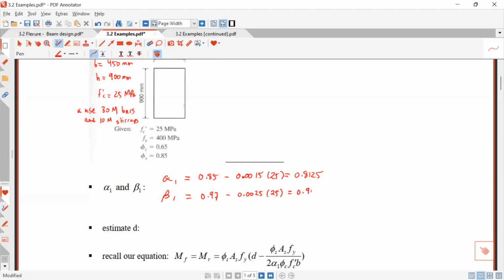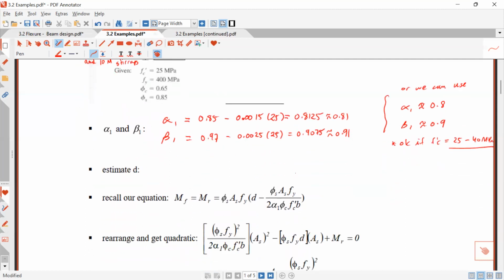It gives me 0.9075. So this is approximately 0.81 and this is approximately 0.91. If you want, you could continue with this, or we can use alpha 1 approximately 0.8 and beta 1 approximately 0.9. This is okay if F prime C is between 25 and 40 MPa, which is what we have in this example. As long as you're between 25 and 40, it's fine. But if I'm telling you to use the exact values of alpha 1 and beta 1, you should use these equations and get them.